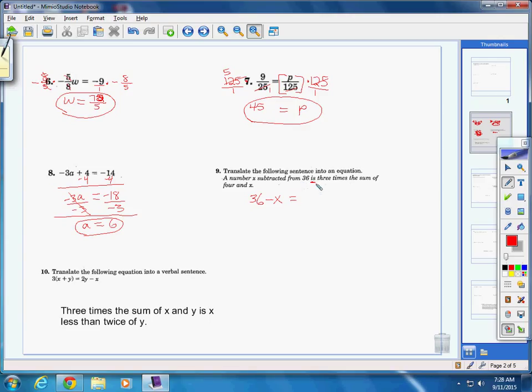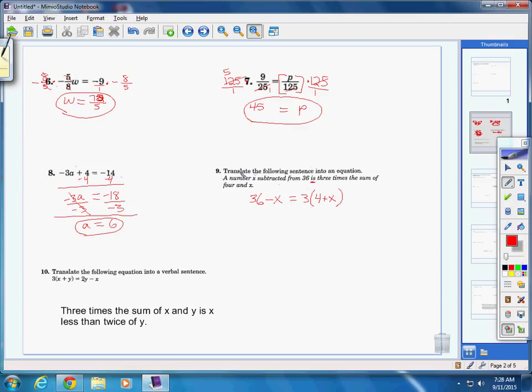In this case, it says is 3 times the sum of 4 and x. The sum means you need to add, and we're adding 4 and x. 3 times 4 plus x equals this guy.